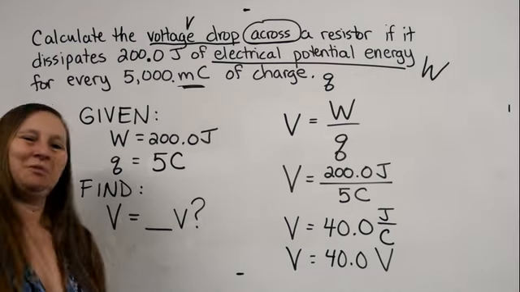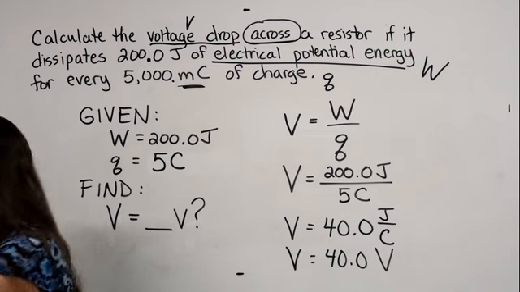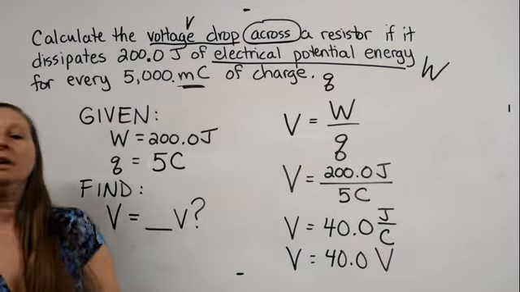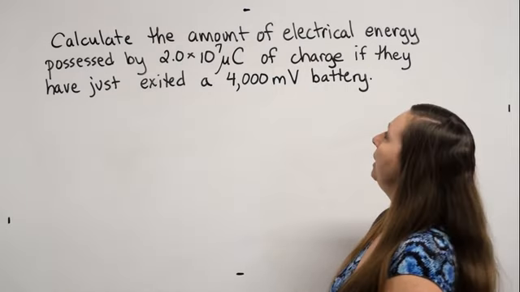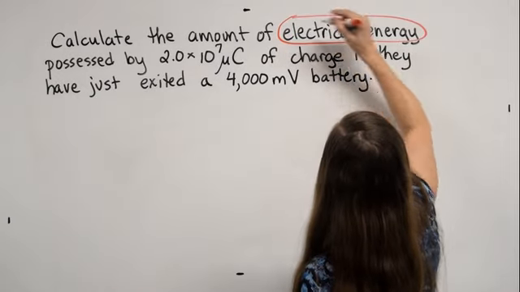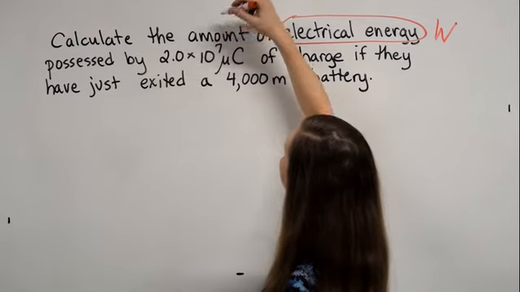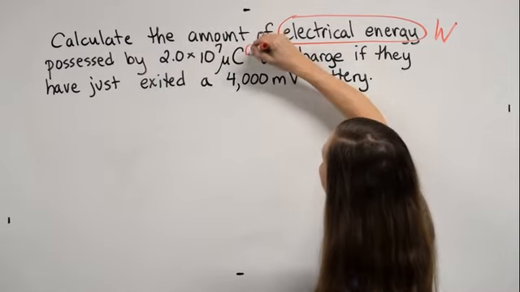Okay, nice and simple. Let's do a problem where we're solving for work, electrical energy, next. In this problem, we're being asked to calculate the amount of electrical energy, so that would be W, possessed by 2 times 10 to the 7th microcoulombs, that's your charge.